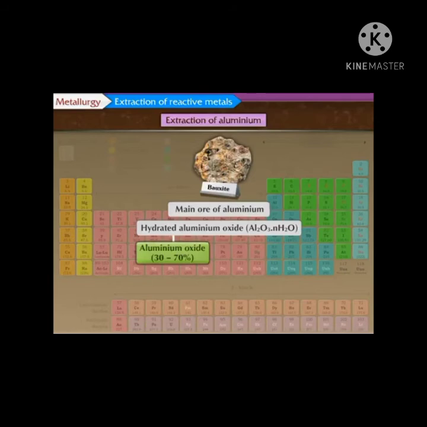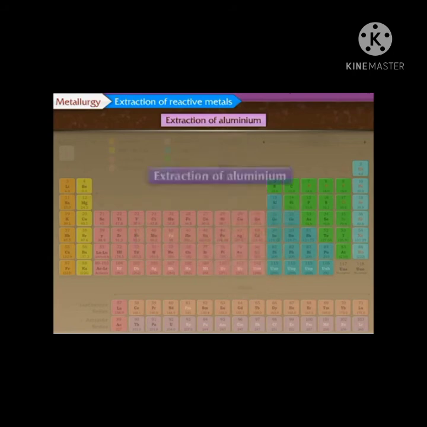The ore contains about 30 to 70% of aluminium oxide. The remaining portion is gangue, which is made up of sand, that is silicon dioxide, and iron oxide.